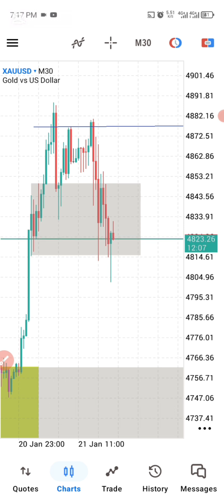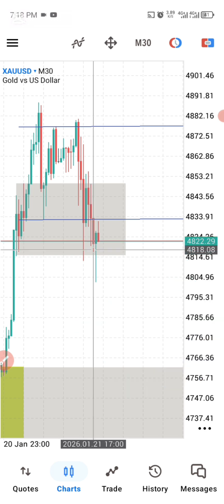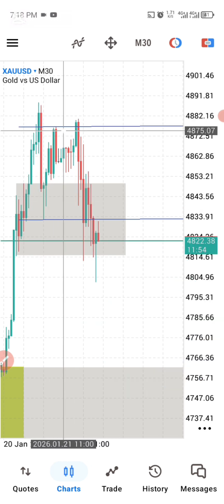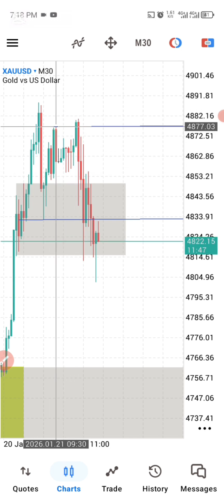It created another higher low here, and after that the market pulled up, came down here, created another higher low, and broke out of structure.